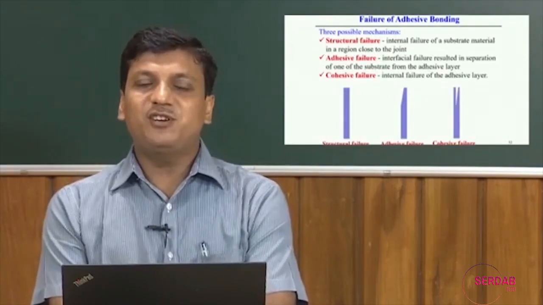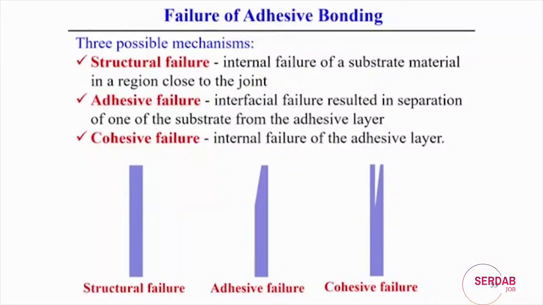Now, if you look into the typical failure modes of adhesive bonding, after making the bonding, what are the typical failure modes? There are three possible mechanisms. One is the structural failure. Here we can see the internal failure of a substrate material in the region close to the joint.